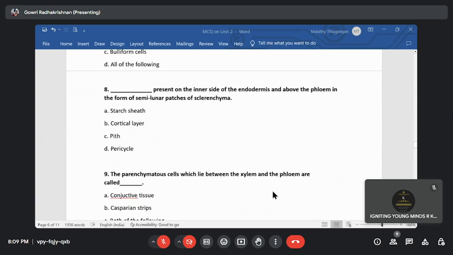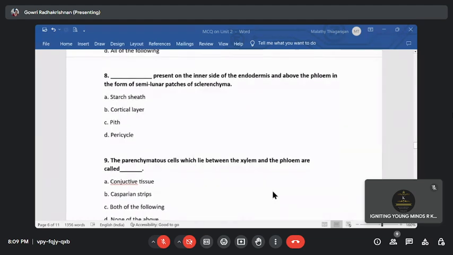8. Dash present on the inner side of the endodermis and above the phloem in the form of semi-lunar patches of sclerenchyma. Option D, pericycle.